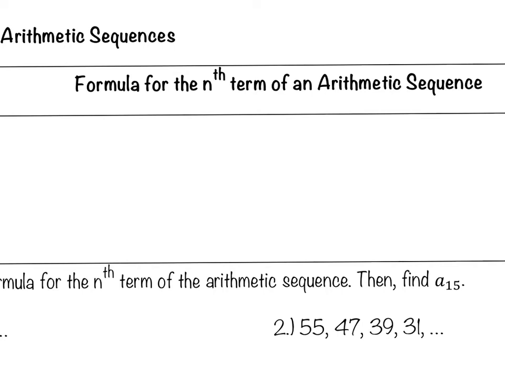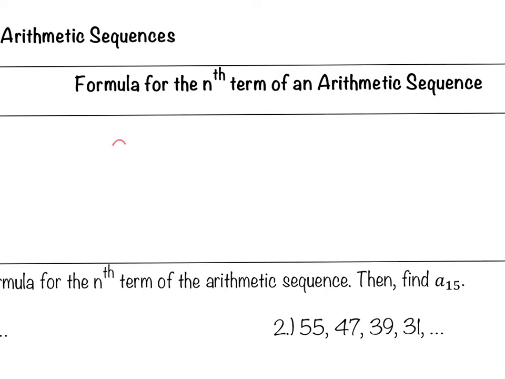You'll just need to know how to use them and what they're used for. The formula for an arithmetic sequence you will use to find a specific term within the sequence. If I asked you, here's some information, can you find the 50th term or something like that? This formula will allow us to do that.